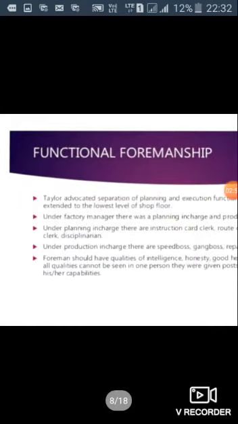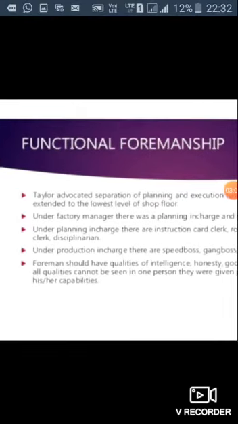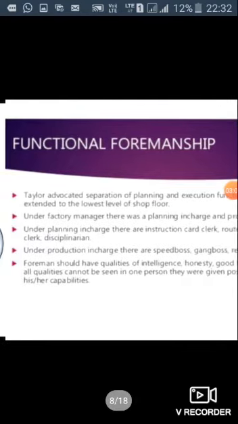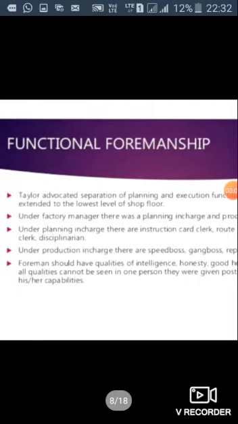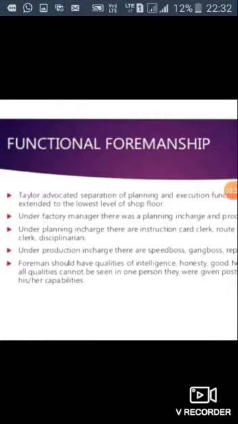Now F.W. Taylor has put functional foremanship as one of the major techniques of scientific management. He says that the managers on the shop floor should be of two types. They should be split according to division of work into planning in charge and production in charge. Under the planning in charge, you had route clerk, instruction clerk, time and cost clerk, disciplinarian.